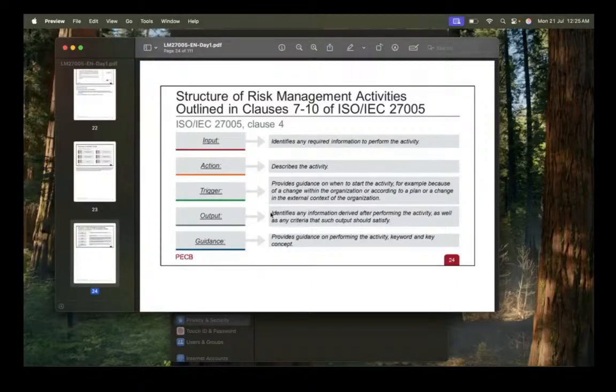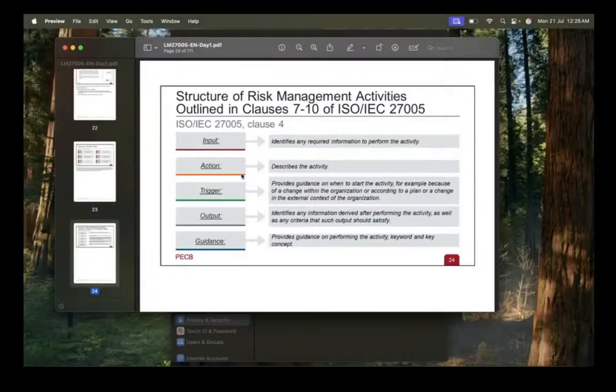So what is the structure of these activities? The first step is input. The second step is action. Action describes the activity, like what the activity looks like, to give a little information.